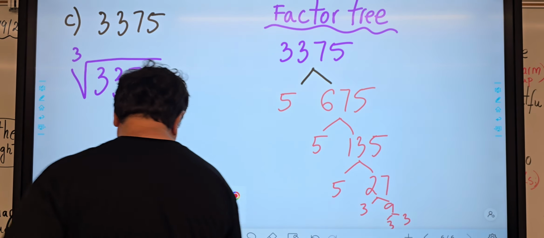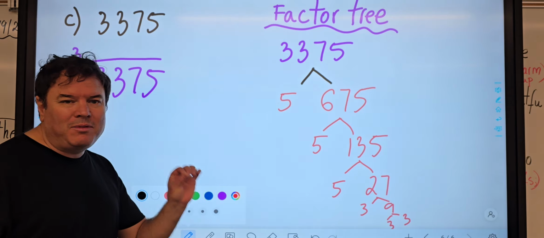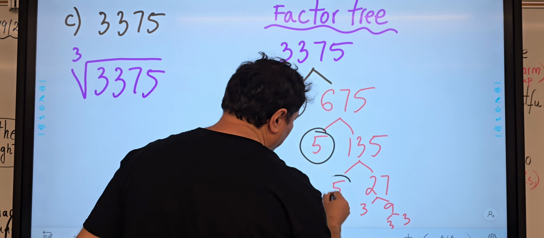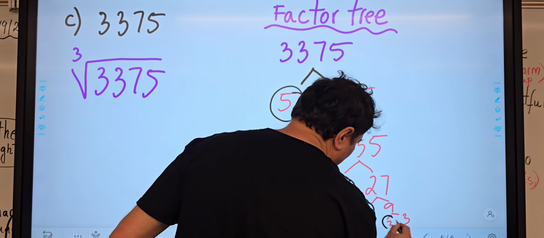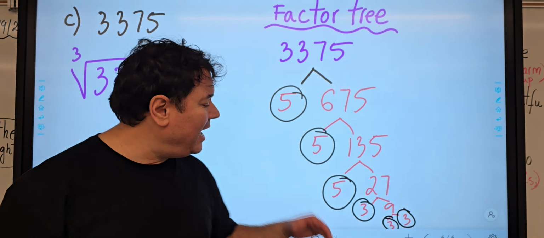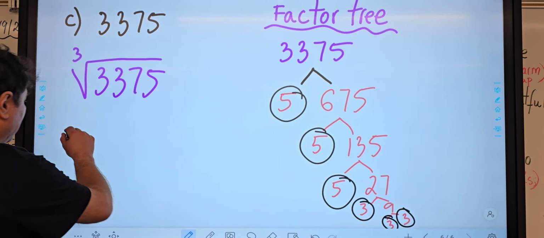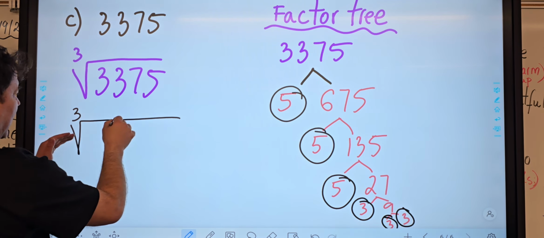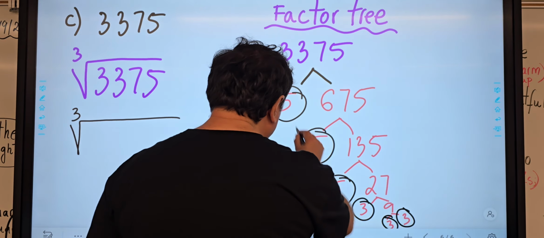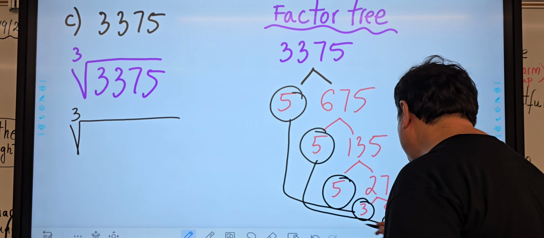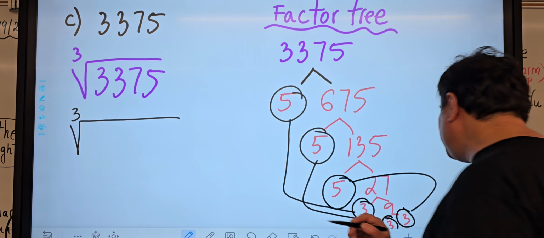Now let's circle all the prime factors in this bigger number. We have three 5s and three 3s, and we can regroup again. So the cube root of 3,375 can be written as a 5 and a 3, another 5 and a 3, and the last 5 and 3 together.